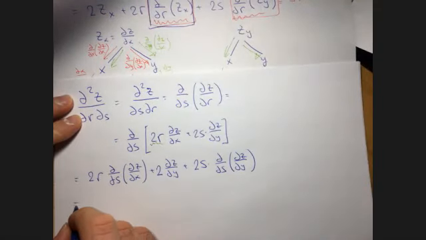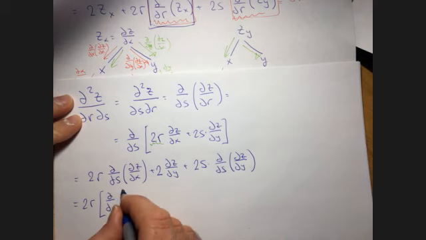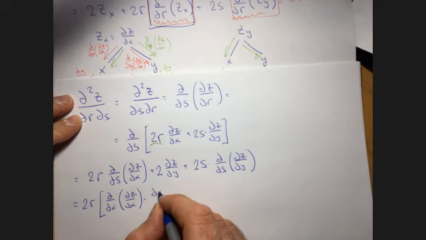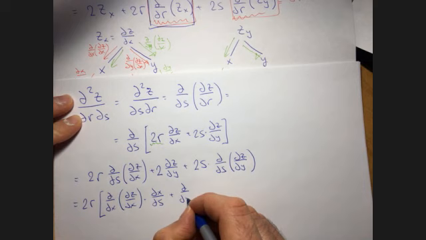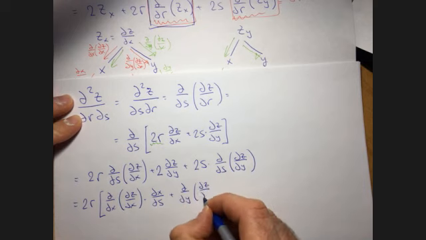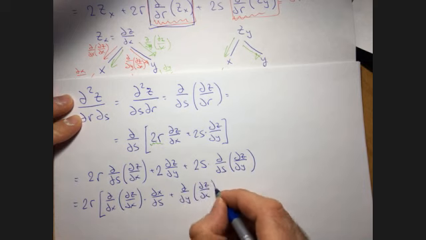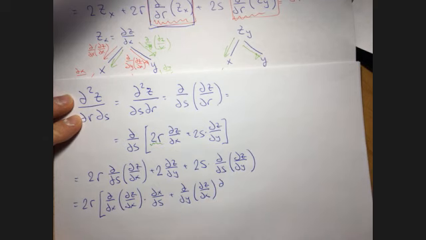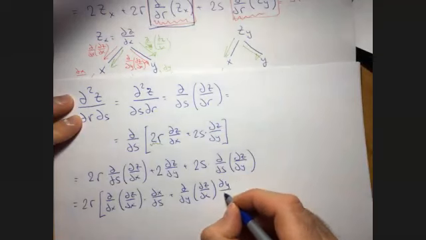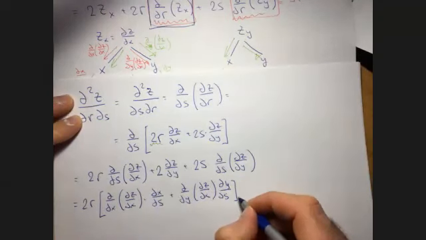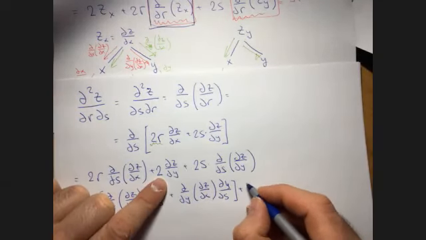So that's 2r times the derivative with respect to x of partial z partial x times partial x partial s, plus the derivative with respect to y of partial z partial x times partial y partial s, plus this stays as it is.